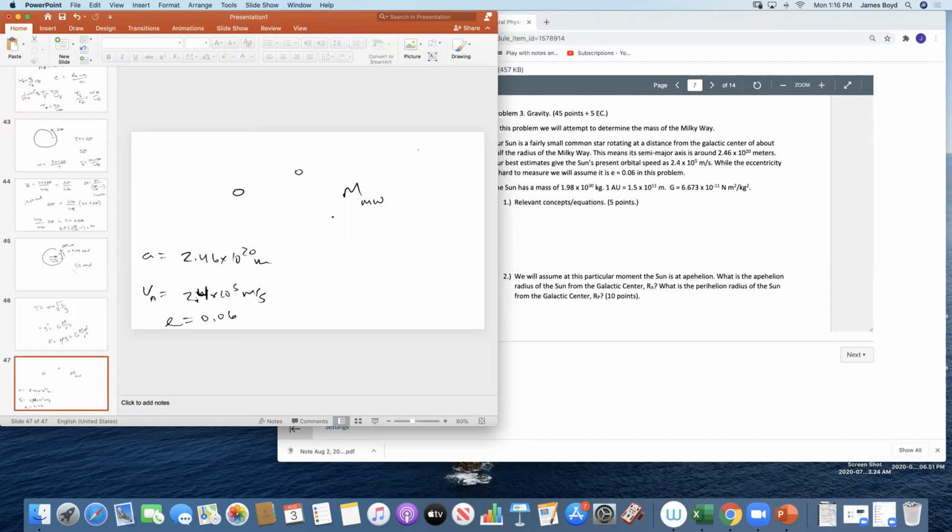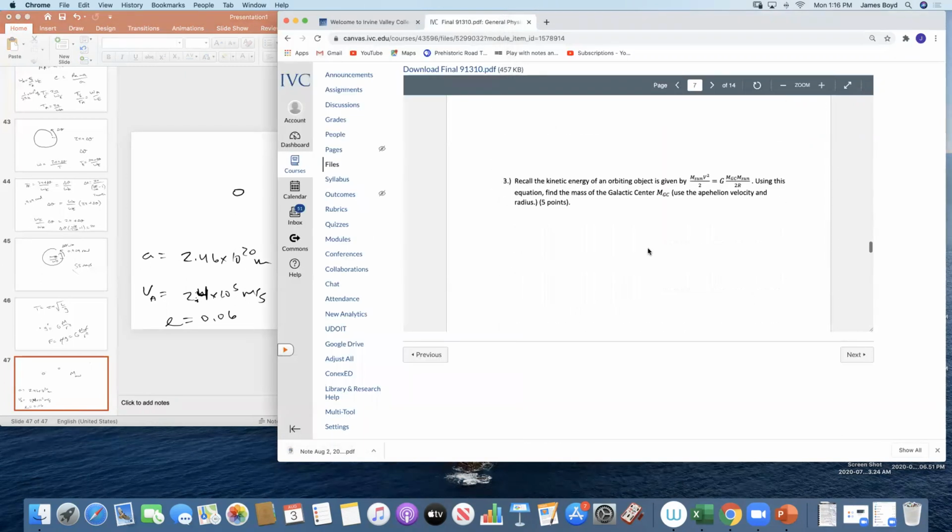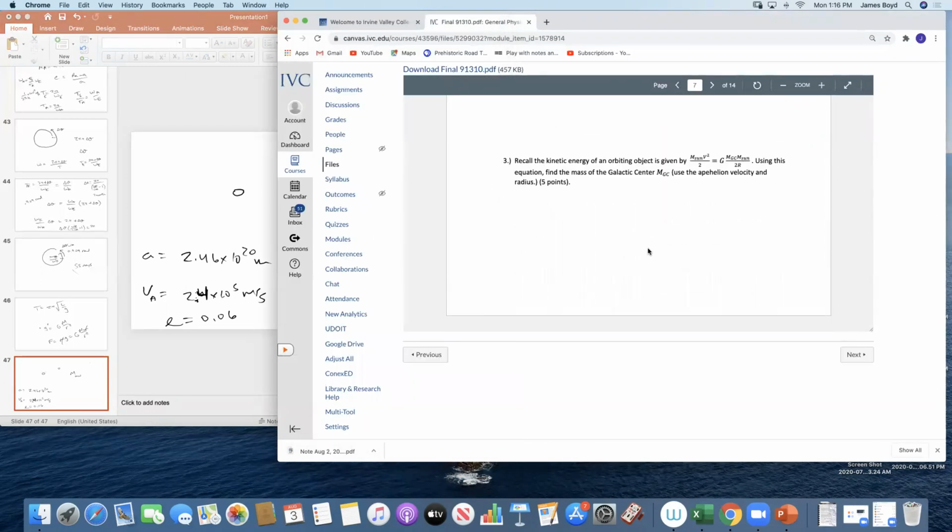Now, the reason why we don't know the eccentricity is the sun actually changes velocity in weird ways due to all the other mass. We're going to assume that's not true.